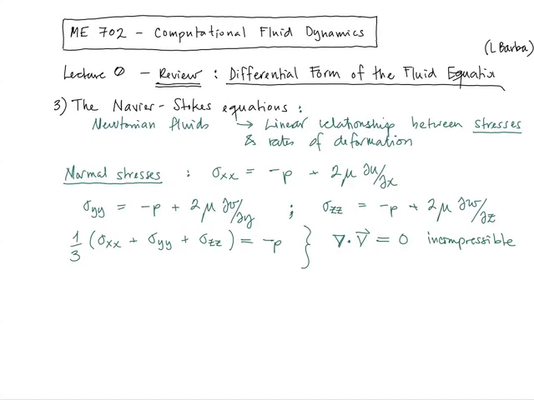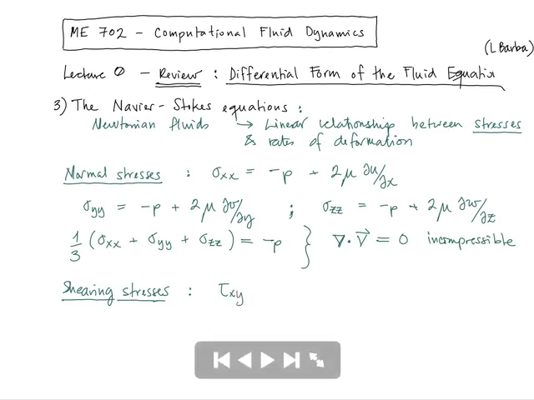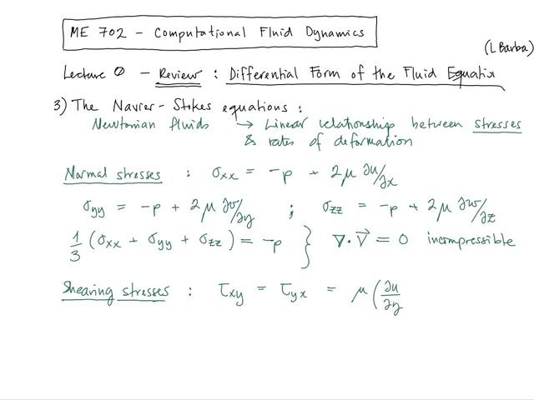So now the shearing stresses can also be written as linear relations with respect to the rates of deformation, but we also have, in addition, symmetry, so that we can write that tau xy is equal to tau yx, and that is equal to mu times du dy plus dv dx.